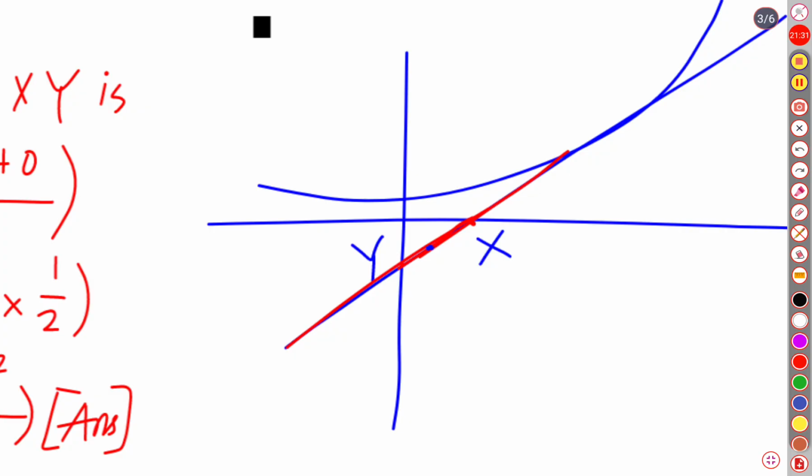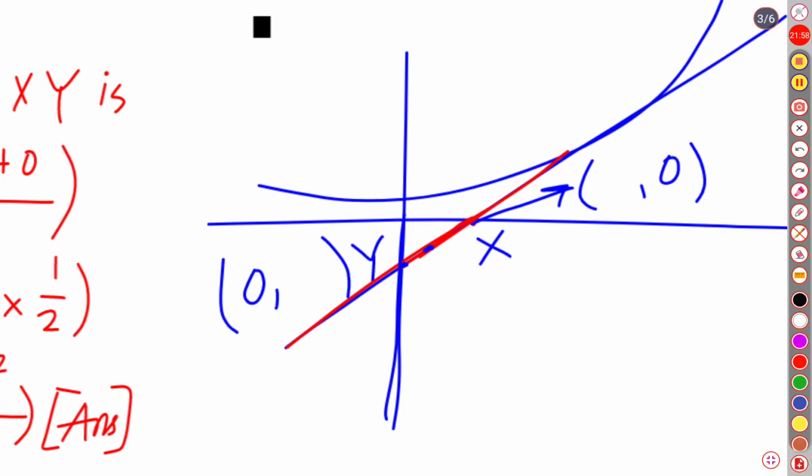Midpoint is over here. If we observe carefully, we will find that at X our y coordinate is 0, and the x coordinate is missing. On the y axis, our x is 0, but y is to be obtained.